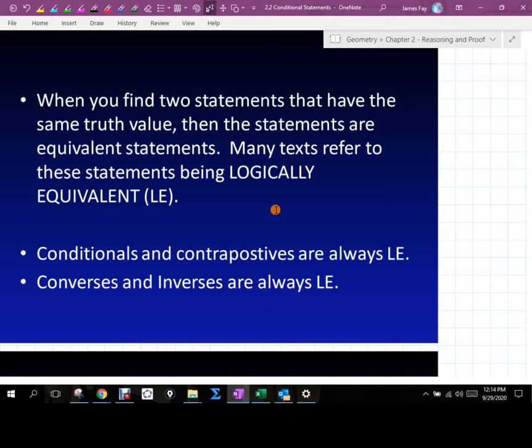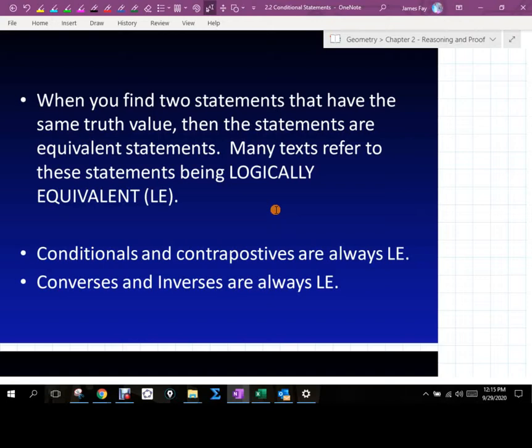And then we have this principle of all conditional statements, all if-then statements. If you have a conditional statement and a contrapositive, if you're able to construct those, they are always 100% of the time the same truth value. They are both always logically equivalent. So if I have a conditional that is true, then I automatically know, without even reading my contrapositive, that whatever my contrapositive turns into, it is also true.